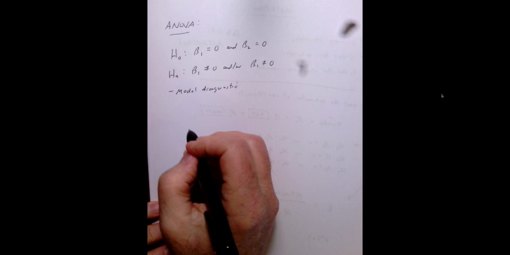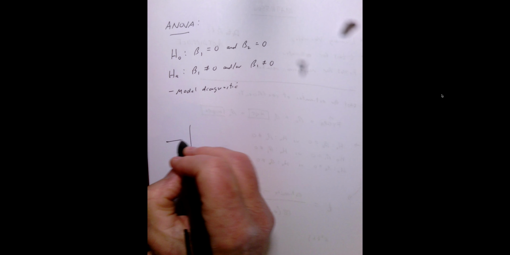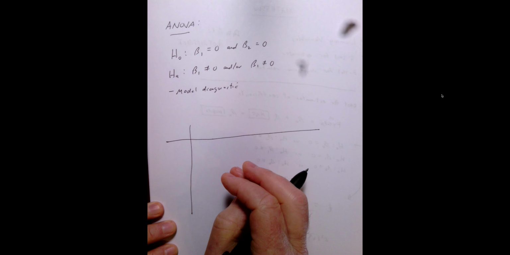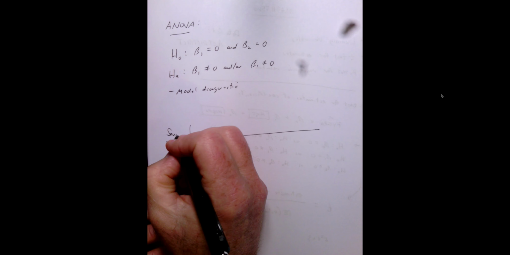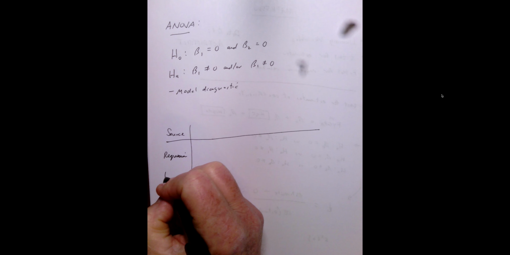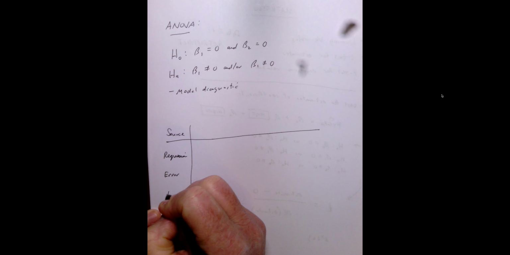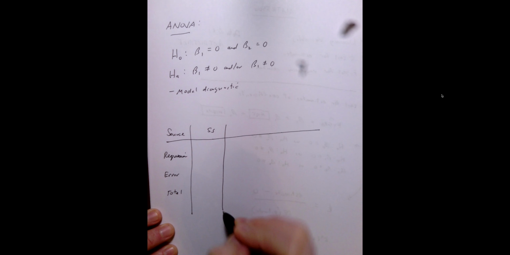Now, what does the Anova table look like once we introduce multiple predictors? Well, in the classic case, we still have our source, which is still going to be the regression, the error, and the total. We still have our sum of squares, which is easy to find.